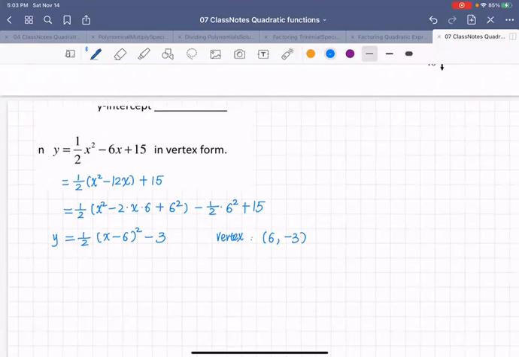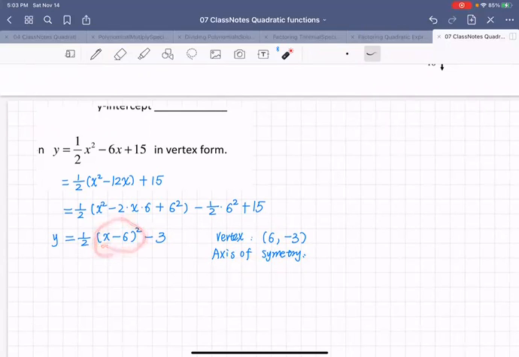Now let's write down the axis of symmetry.